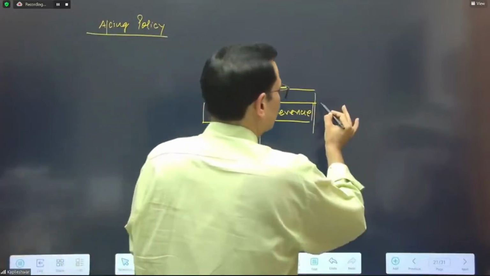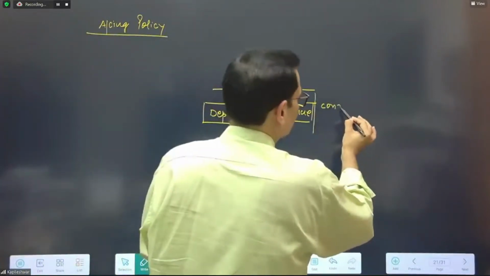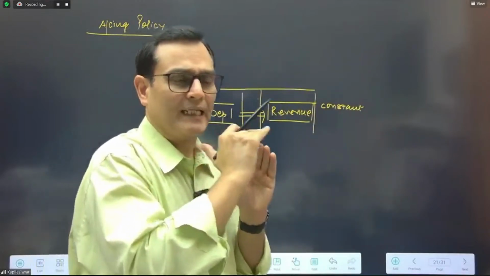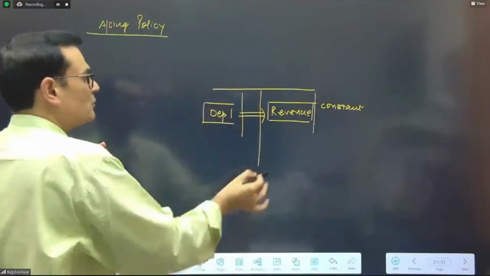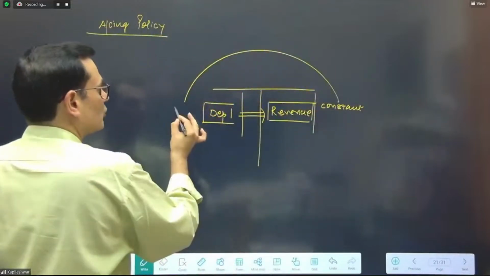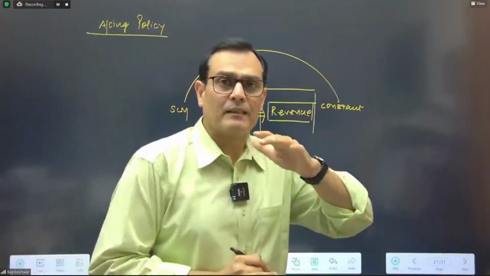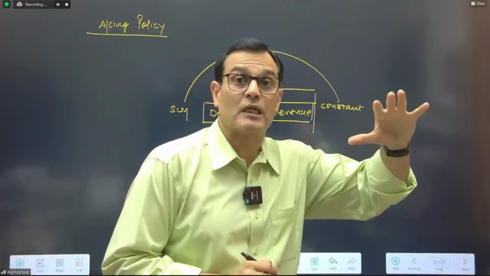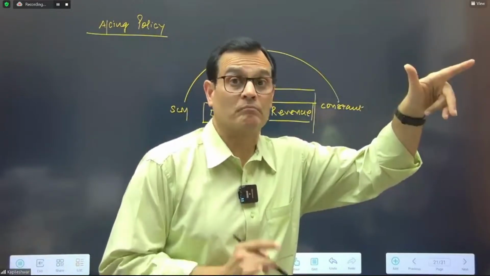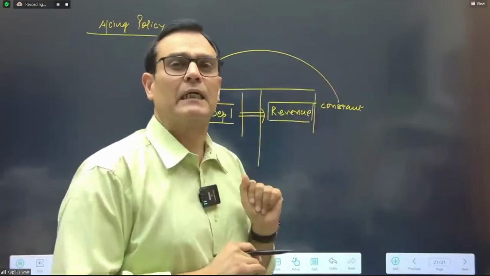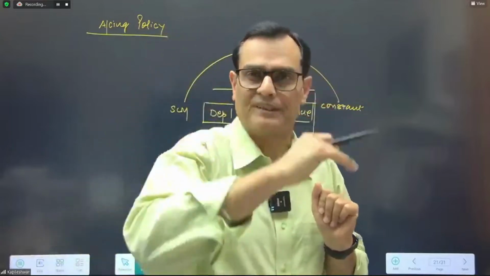If I know that the revenue is going to arise constant, the company will get the revenue on a constant basis, straight line, then correspondingly the depreciation should also be constant, so use the straight line method. The pattern in which the economic benefits are expected to arise. Mind the words, I said the pattern in which the economic benefits are expected to arise is constant.